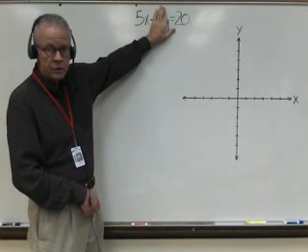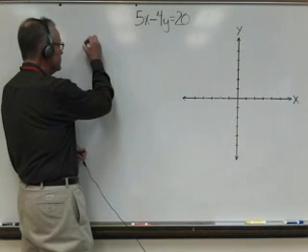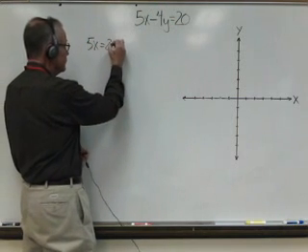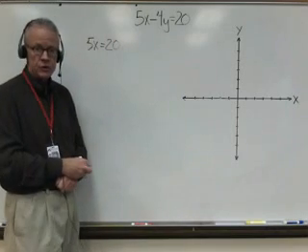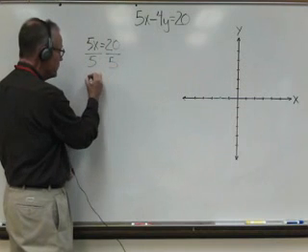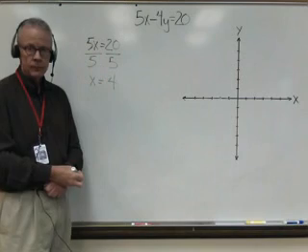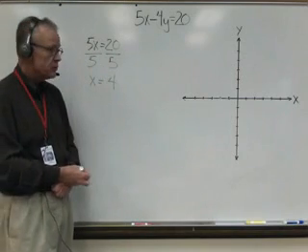We're left with the equation 5x equals 20. That's an easy equation to solve. We just divide each side by 5 and x equals 4. That's where it crosses the x-axis.